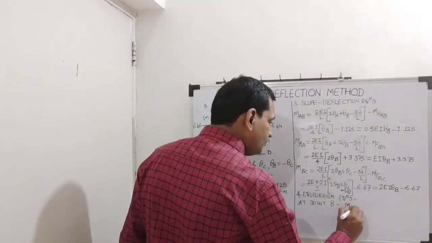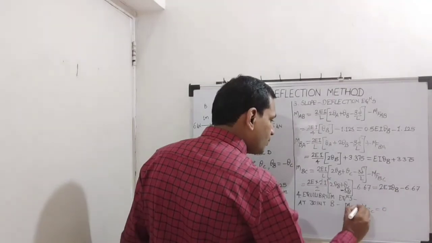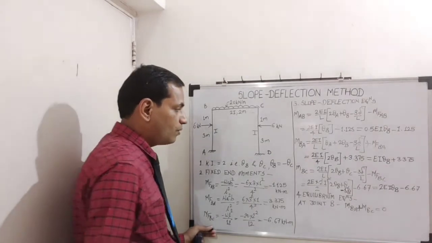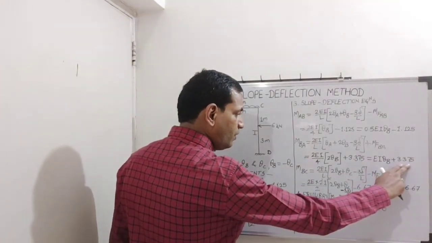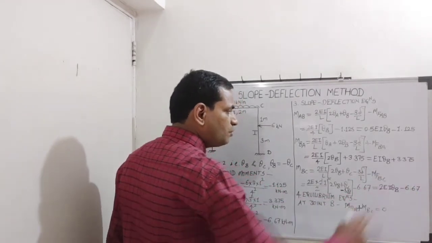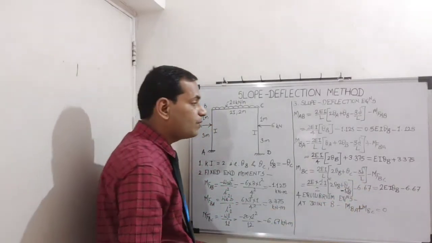At joint B, what will be that condition? MBA plus MBC is equal to 0. So MBA is EI theta B plus 3.375. MBC is 2 EI theta B minus 6.67. Add these two equations and equate to 0.